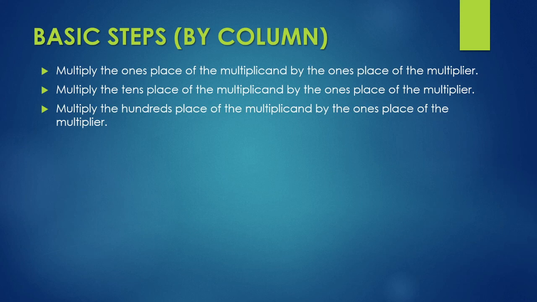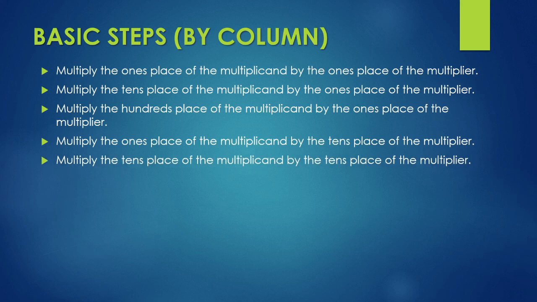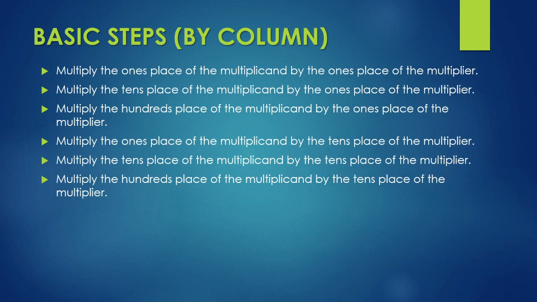Third, multiply the hundreds place of the multiplicand by the ones place of the multiplier. Another, multiply the ones place of the multiplicand by the tens place of the multiplier. Then, multiply the tens place of the multiplicand by the tens place of the multiplier. Then, multiply the hundreds place of the multiplicand by the tens place of the multiplier. And then, after all, add the partial products. The result is the answer or the product of the factors.